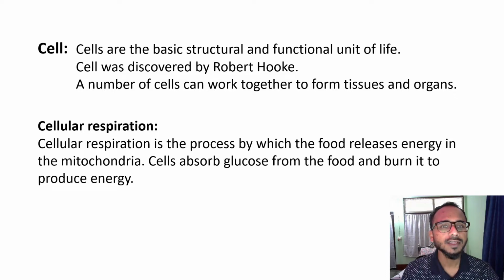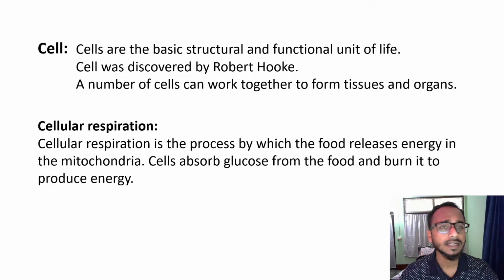So everything has some structure, right? So a cell is the basic structural thing. Also it is a functional unit. What is the functional unit? It does some specific function, it has some work to do. So that is what a cell is. Cells are the basic structural and functional unit of life.